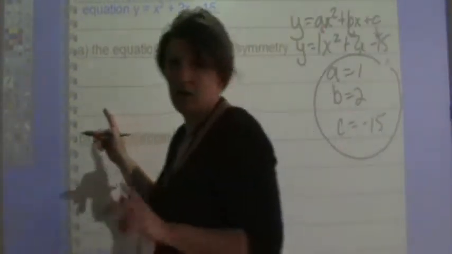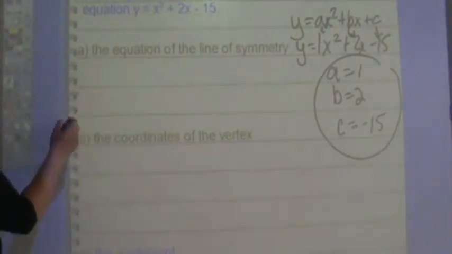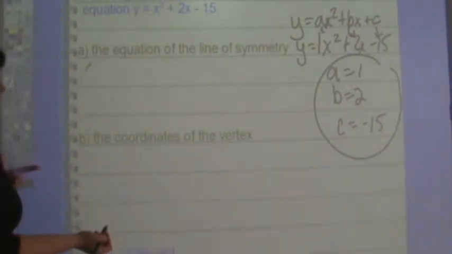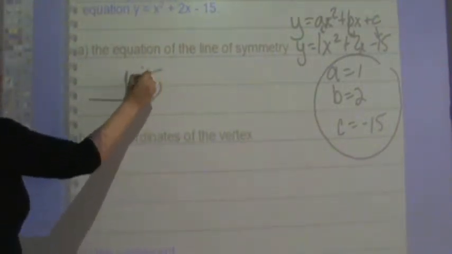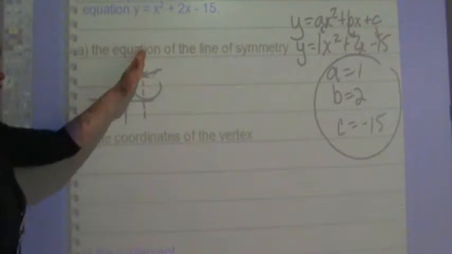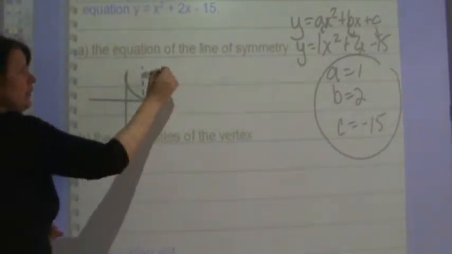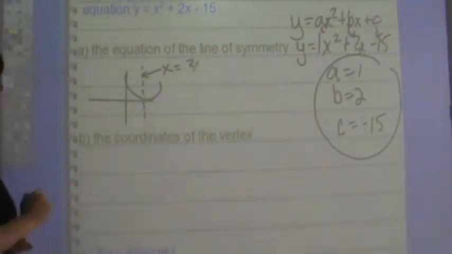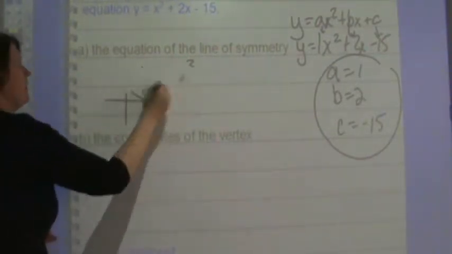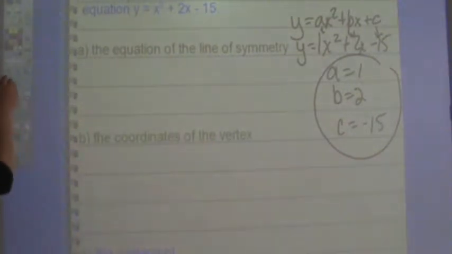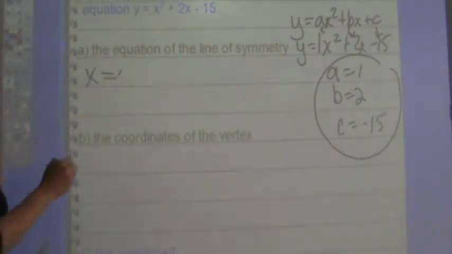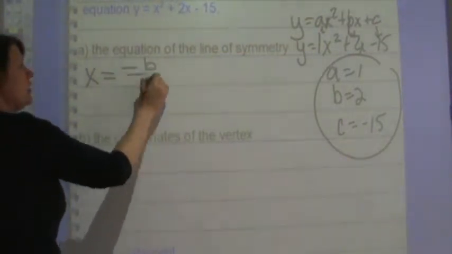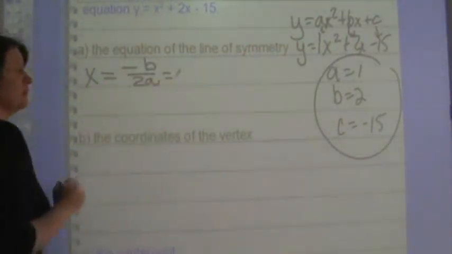For the line of symmetry, remember, it's our parabola, and all of those lines are vertical lines, which means x equals a number. So for our line of symmetry, we start with x equals the opposite of b over 2a.